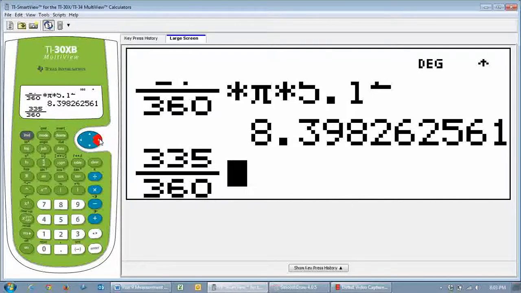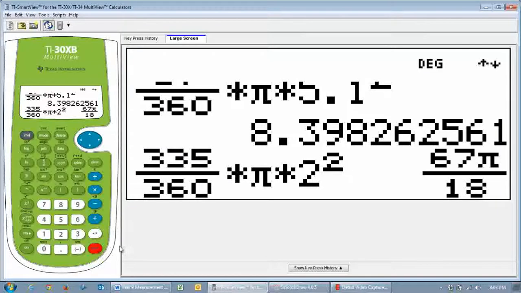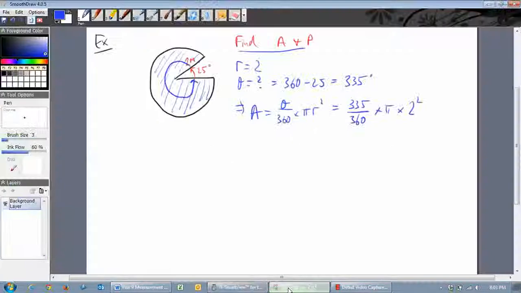Press right to get it out of the fraction. Times pi times 2 squared equals. Now it's given us the exact answer here. Okay, so I'm going to go with that, 67 pi over 18. So that's our year 10 answer, equals 67 pi over 18.